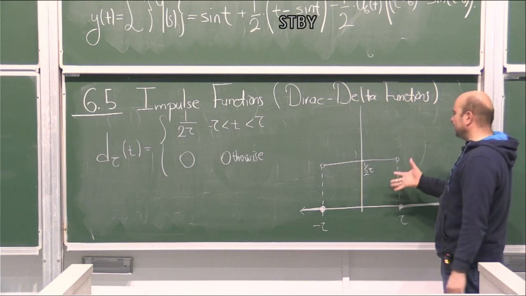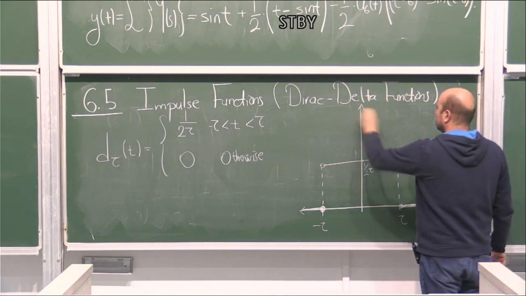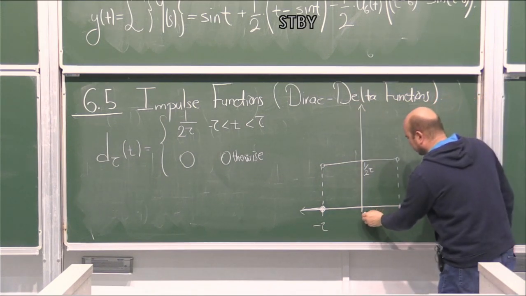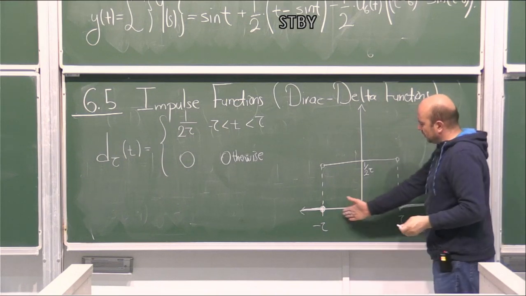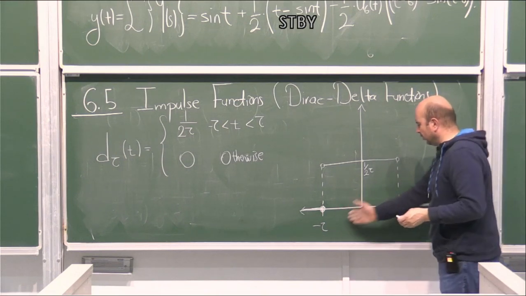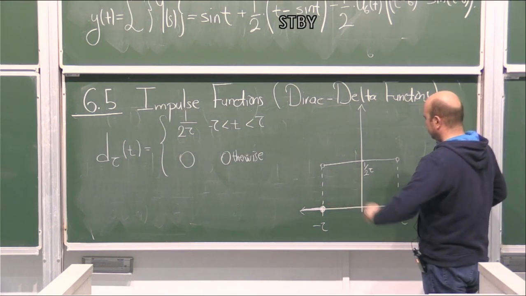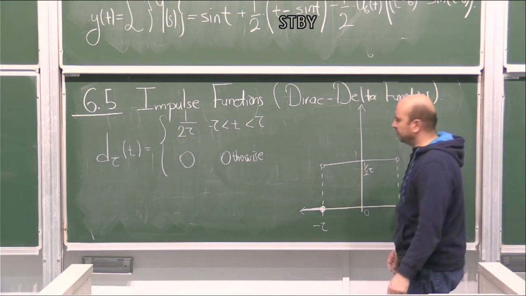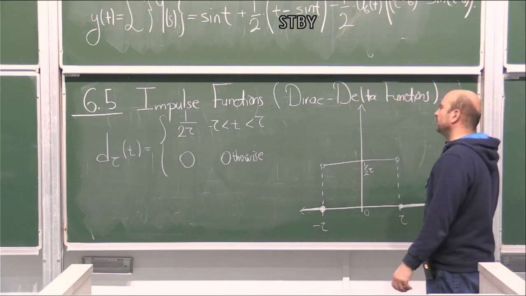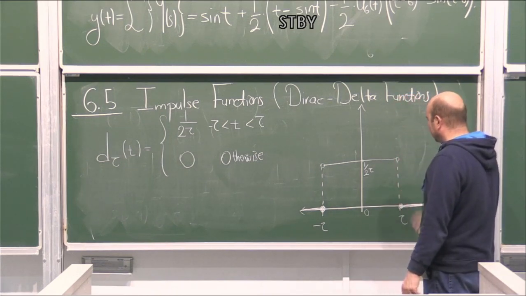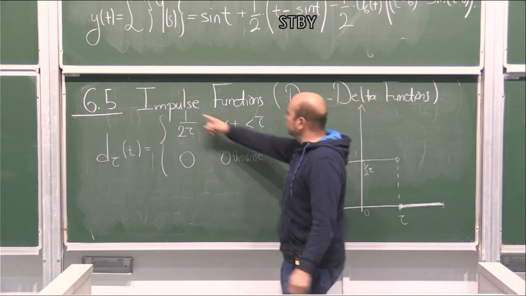Now if you think of this as a force, this force is acting on a time interval between minus tau and tau, and it is completely zero otherwise. This is what we see here. Now, what is the term impulse?